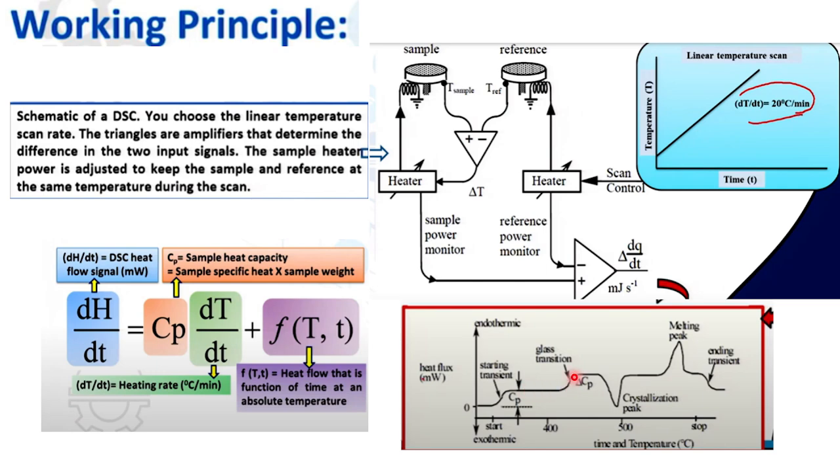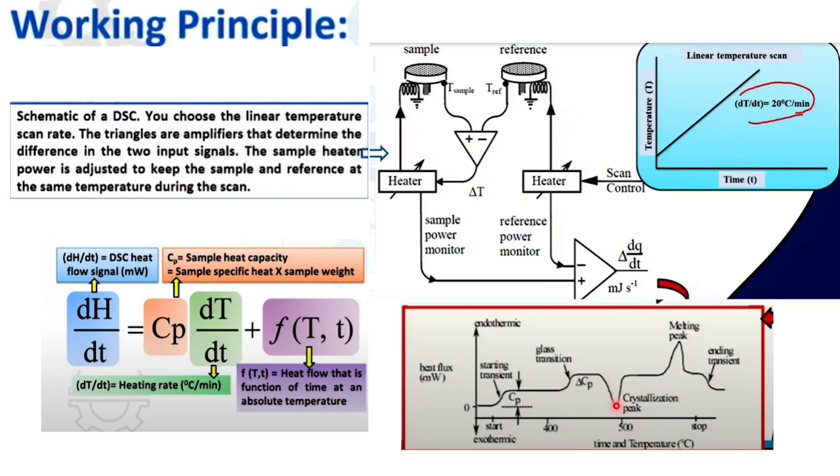And after that, there is a second transition, that is called the glass transition, and obviously it is an endothermic process. So it absorbs the heat when a glassy material, with the increment of temperature, transitions to a rubbery type of material, from glassy to rubbery. So it is absorbing the heat, and you are getting a transition, or an increment of the peak.